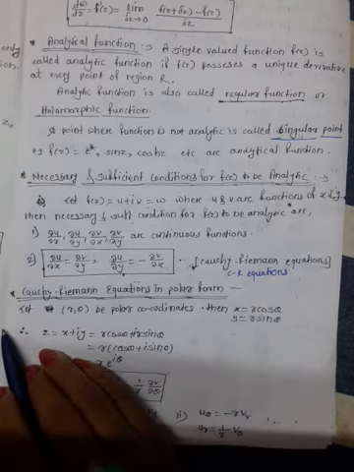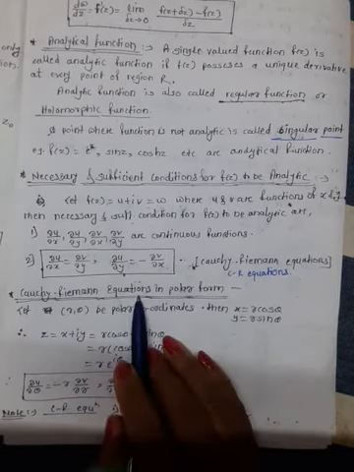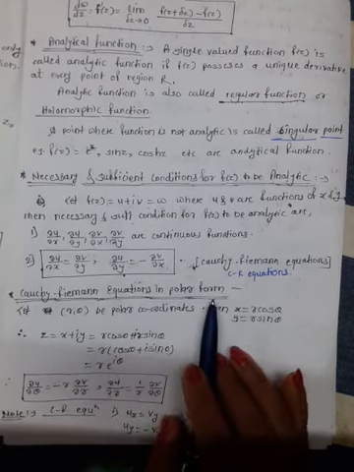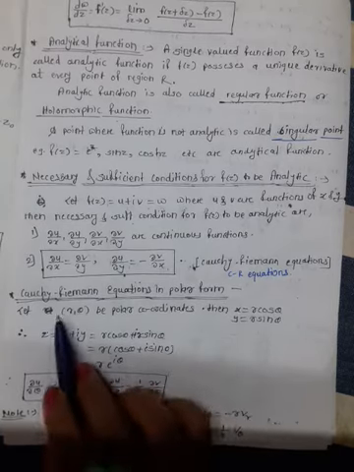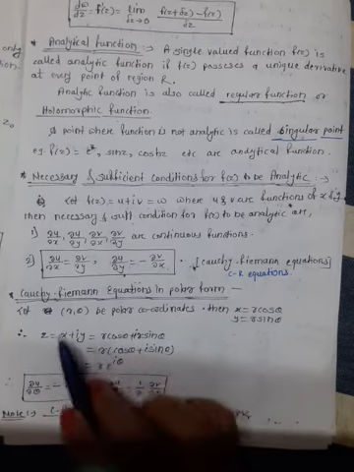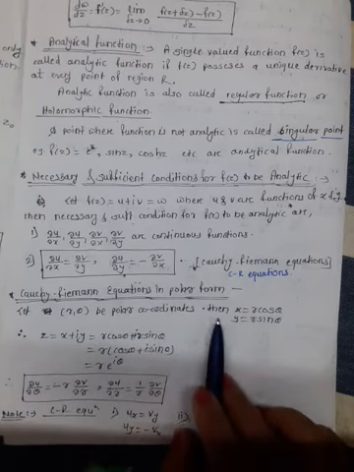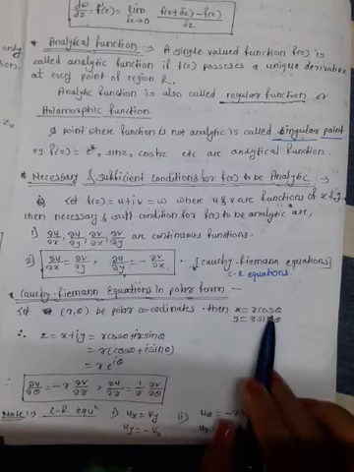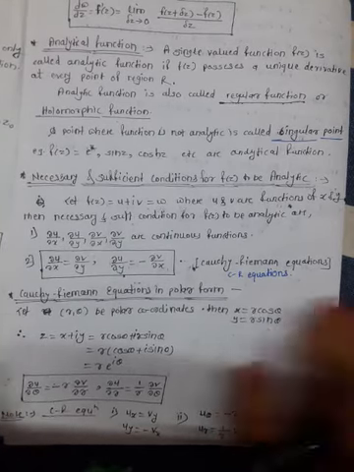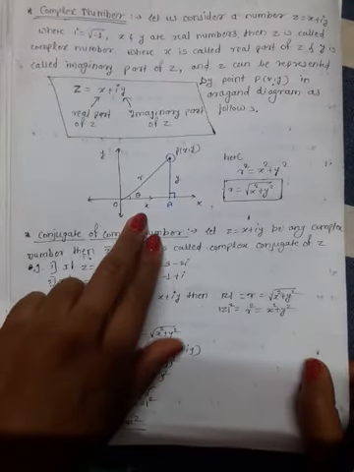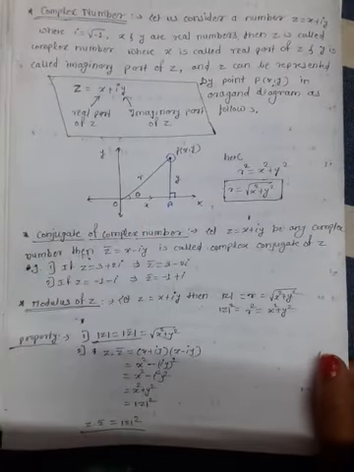Now the Cauchy-Riemann equations, that is CR equations in polar form. Let us see. Let x and y be the Cartesian coordinates, and r and theta be the polar coordinates. Then we know x is equal to r cos theta and y is equal to r sin theta. How do we calculate those equations?